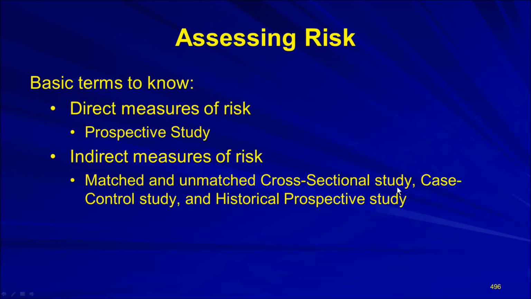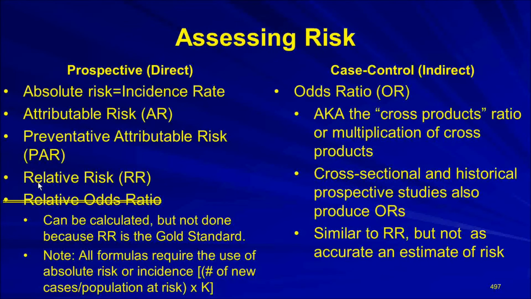But you'll see it, and don't let this confuse you. Now, I'd like to talk to you about assessing risk, and remember, we have the most measures of risk for a prospective longitudinal study. Again, that's the best study you can do. That is an observational study.